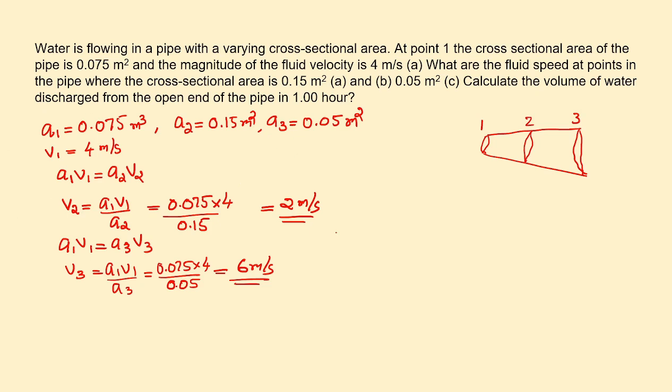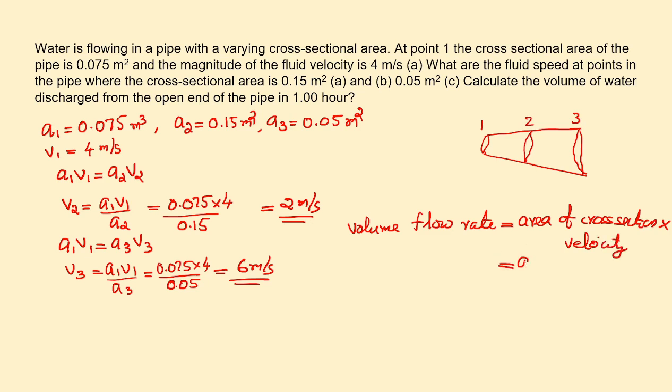So let us write the volume flow rate is equal to the cross-sectional area into velocity, that is A into V. So here let us take the values at point 1, A1 and V1.